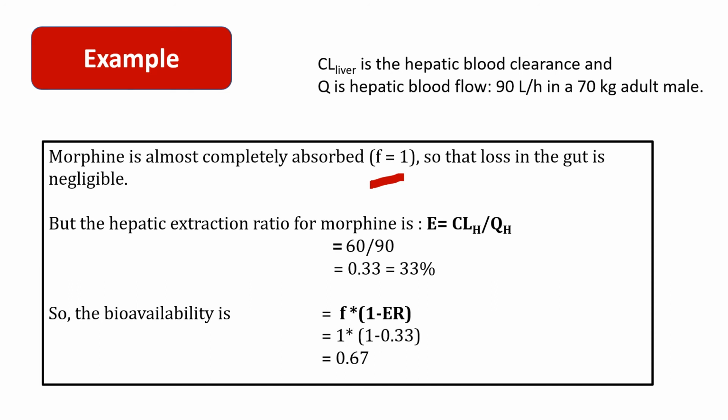The hepatic extraction ratio for morphine is E equal to clearance in the liver divided by the hepatic blood flow. So ultimately it comes to about 33%, and 1 minus 0.33 comes to 0.67. So the bioavailability of morphine is 67%. If you have this data, we can calculate the bioavailability of this type of drug.